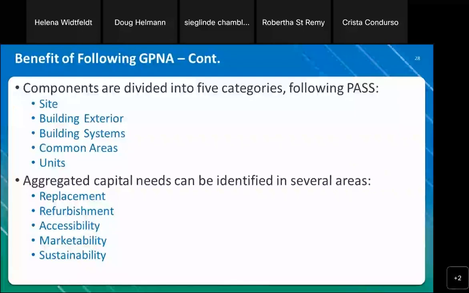That's why this particular process is very user-friendly, because we're already accustomed to it and familiar with it. The capital needs in certain areas focus on whether it requires replacement, needs to be refurbished, whether there is accessibility, marketability, and sustainability. So it looks at all these 5 factors. Next slide.